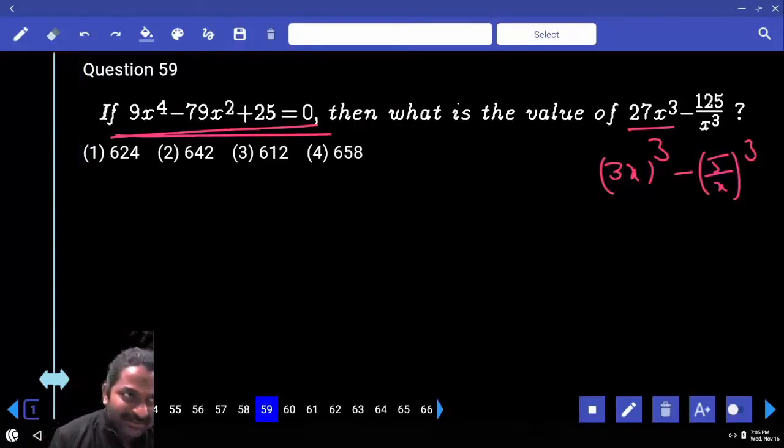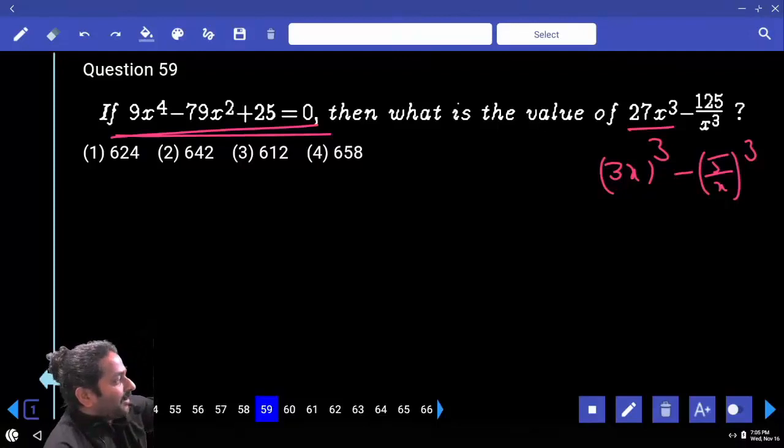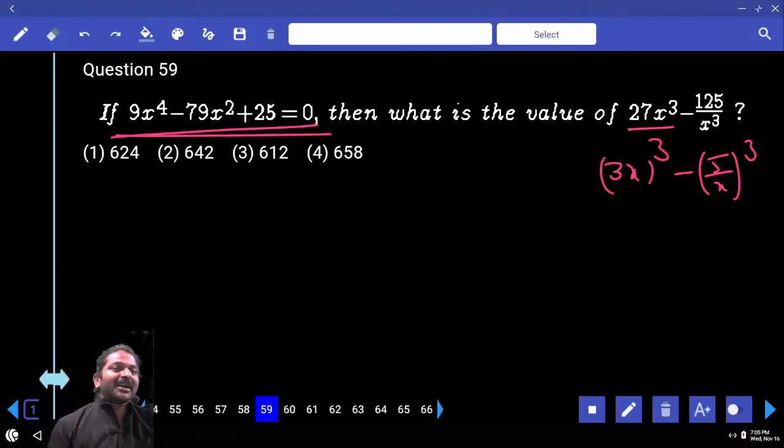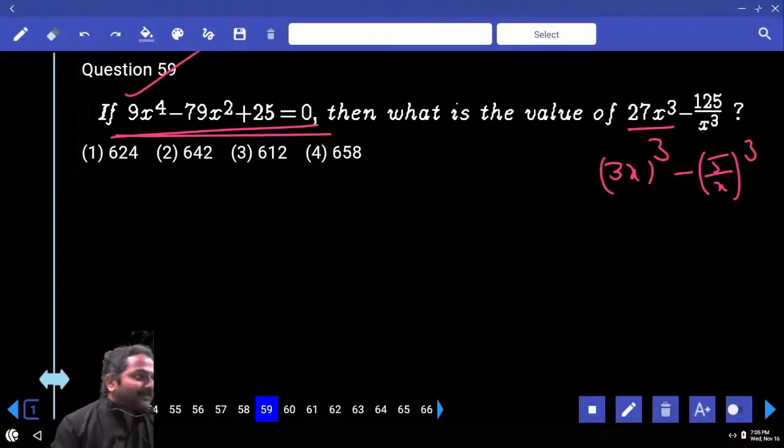Why 3 and 5? Because our question is having 3x whole cube, 5 by x whole cube. And I want only 3 and 5 powers. It may be square or cube or whatever it is. 9, 25. So it is in the form of square only.